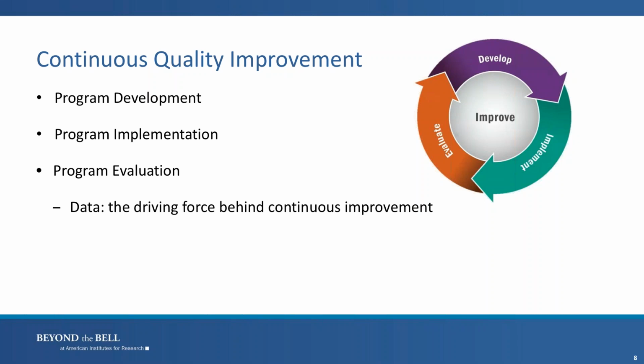Or, as you see in our circle there, develop, implement, evaluate, and improve. And this is the cycle that we go through consistently to ensure that our programs are of high quality.